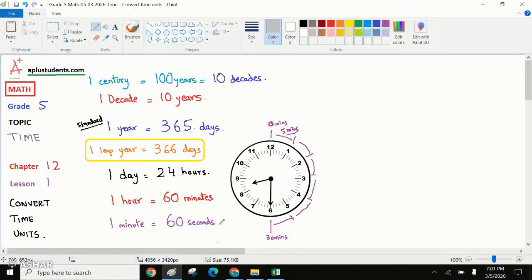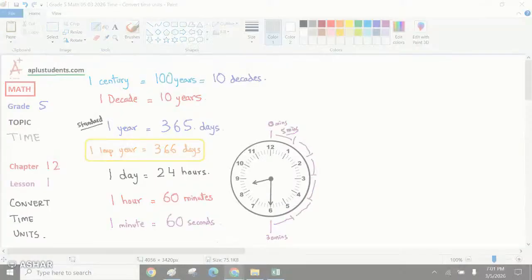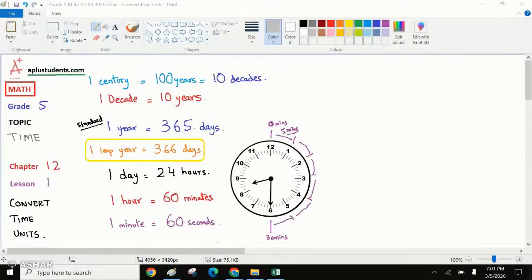Okay, let's look at some questions and let's see what they're asking us. What they're asking us is to convert minutes into hours and minutes. Okay.